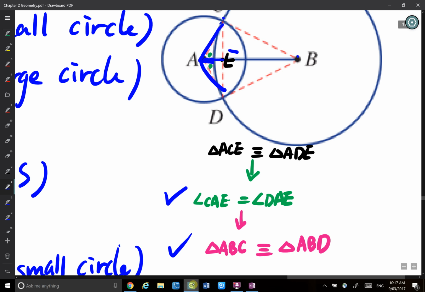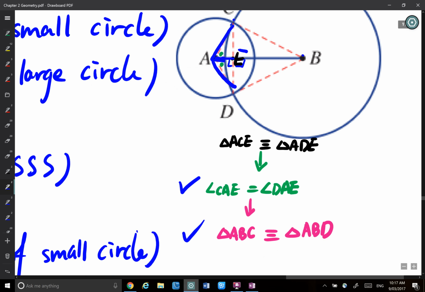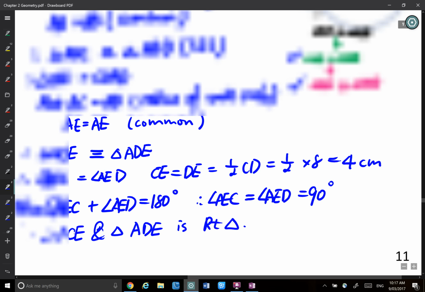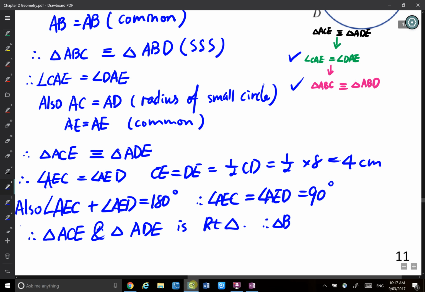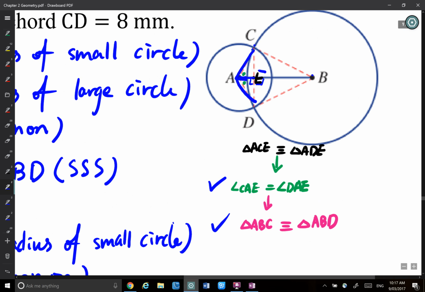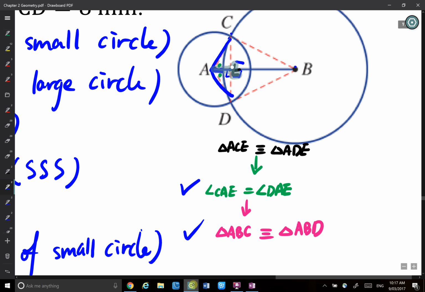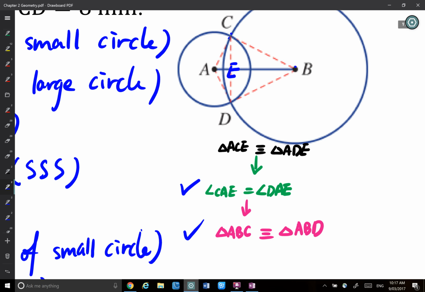And then triangle BDE must be a right angle triangle as well, because if that one is a right angle triangle, then this one must be too. So all of these four triangles are right angle triangles, because the lines are perpendicular to each other, so it's all 90 degrees.